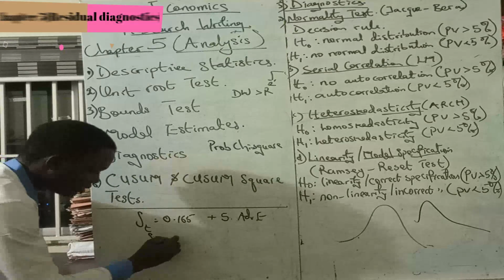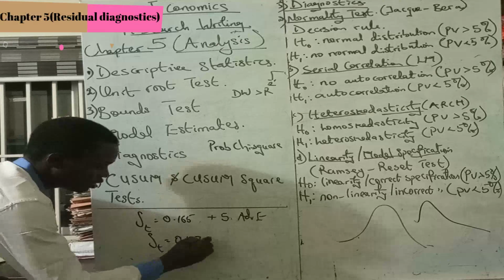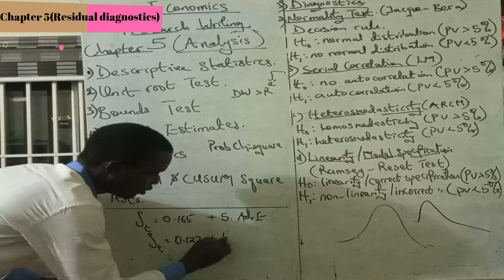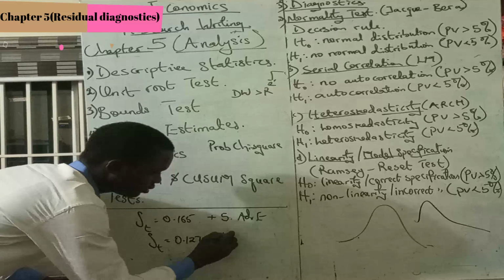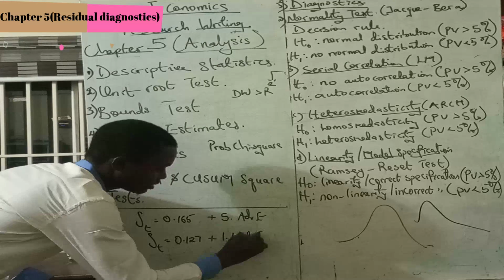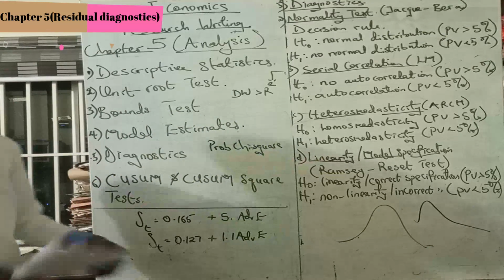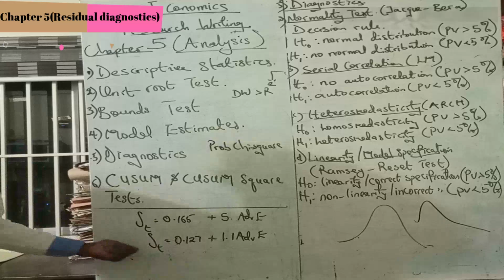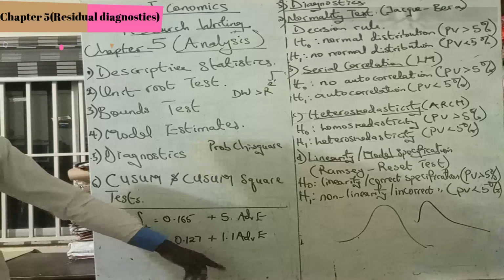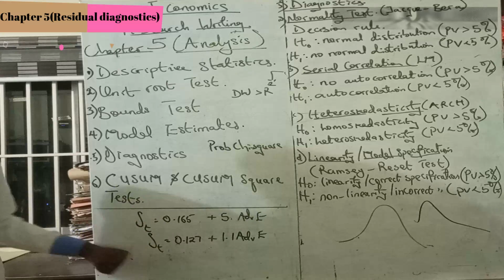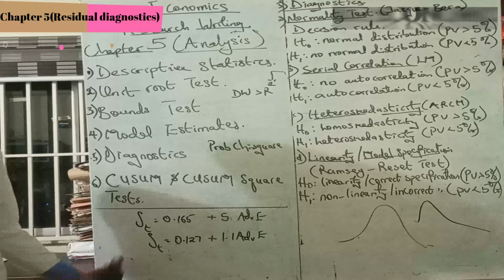But in the true sense of it, outside autocorrelation, the real estimate might be something like sales ST equals 0.127 plus 1.1 advertisement expenses. Which means that if advertisement expenses were increased by 1 million, sales would rise by 1.1 million. So you can see there is a big difference between expecting a sales of 5 million and a sales of 1.1 million.